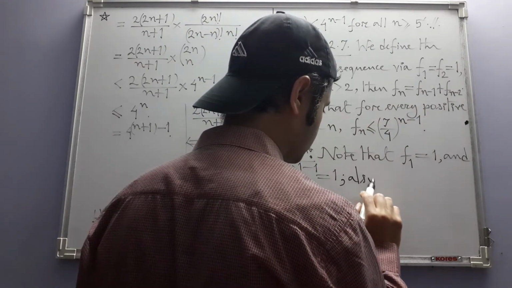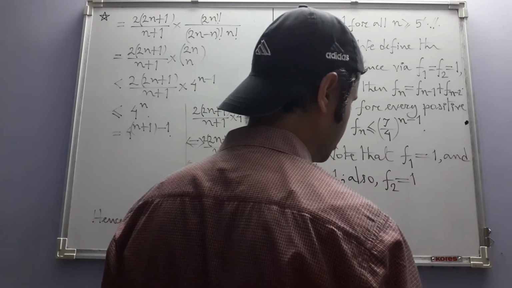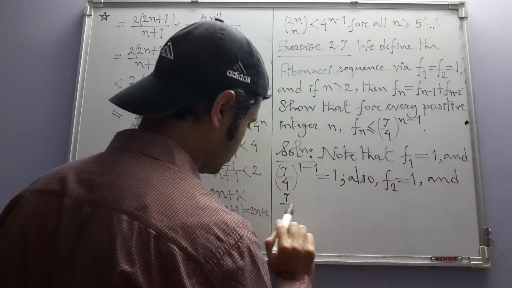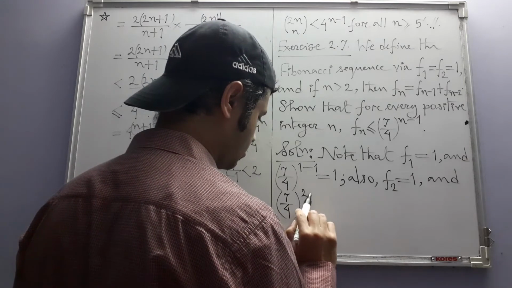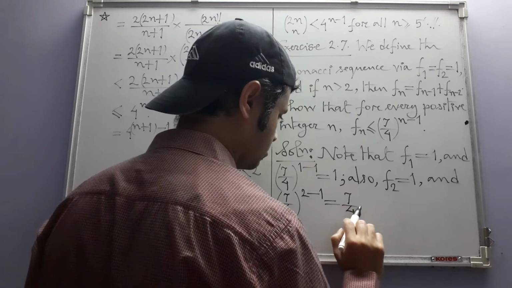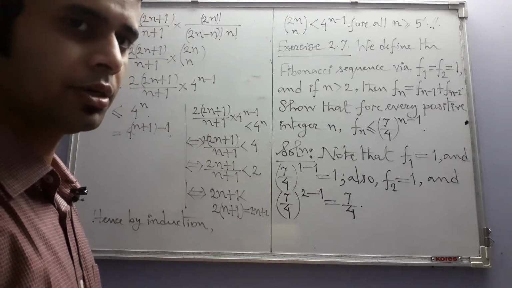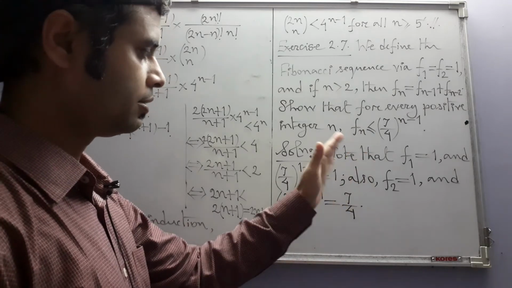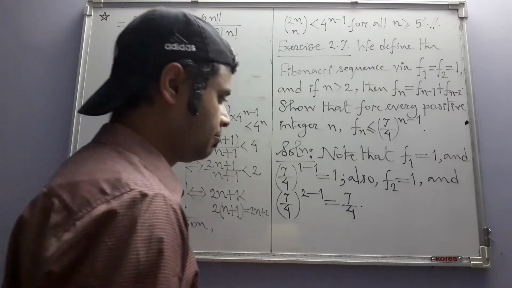Also, F2 is 1 and 1 is less than 7 divided by 4. So you see that this equality is possible only when n is 1. For higher values of n, we have strict inequalities. We will now see.